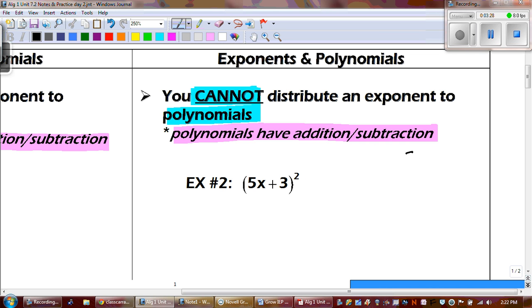remember, if something is squared, 3 squared is 3 times 3. You repeat the base. So if our base is x plus 3 and it's squared, what that means is you're multiplying x plus 3 times x plus 3.